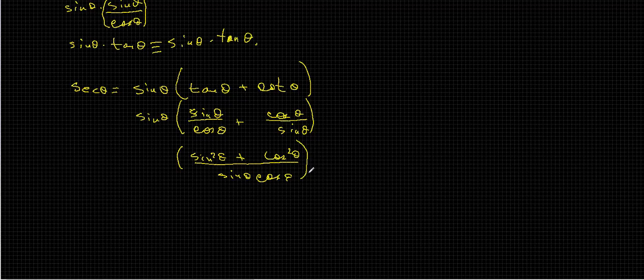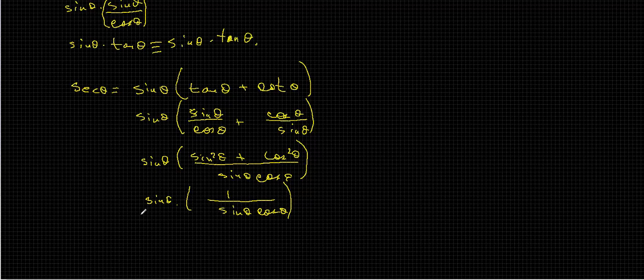like so. And if you recall from a few steps ago, we showed that sine squared theta plus cosine squared theta is 1. So remember, we have a sine theta out here. So this becomes sine theta times 1 over sine theta cosine theta.